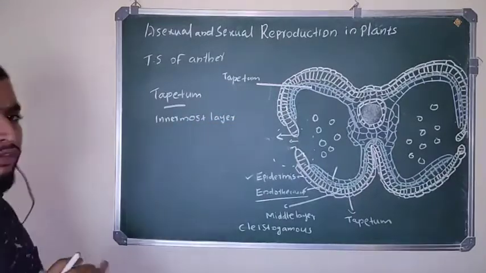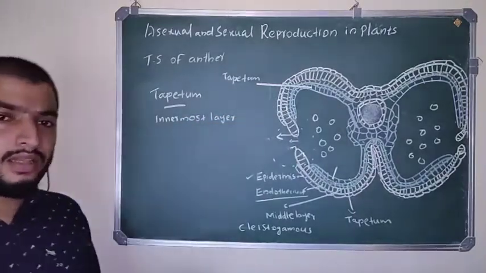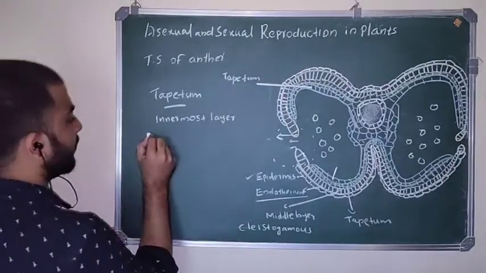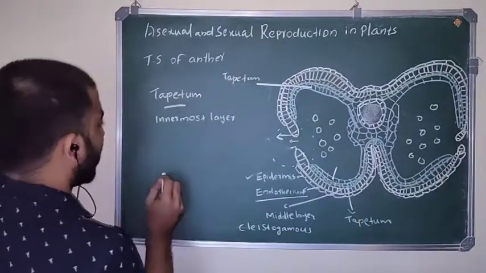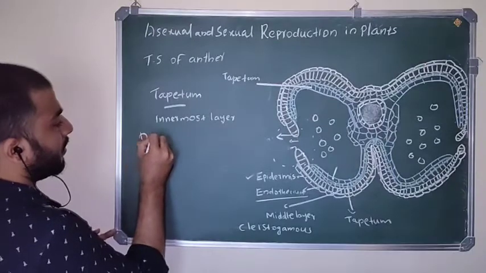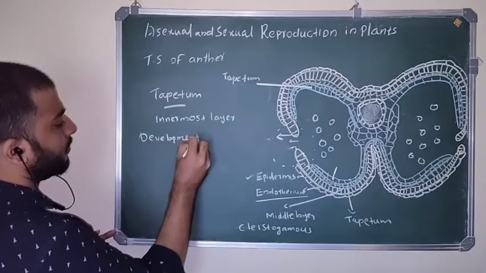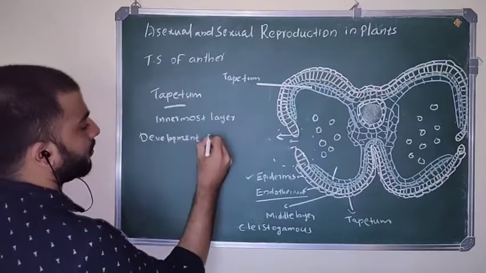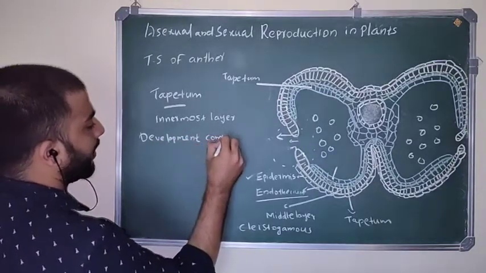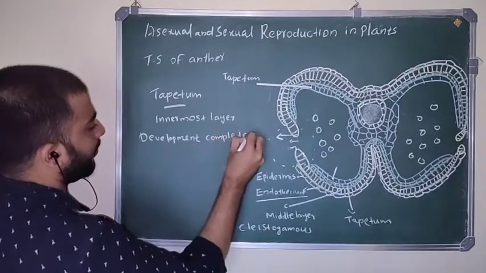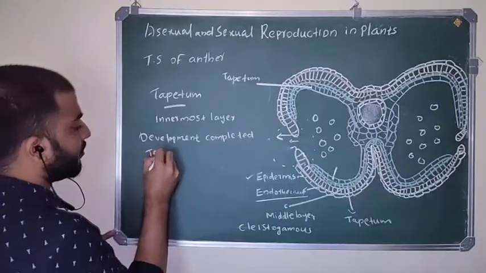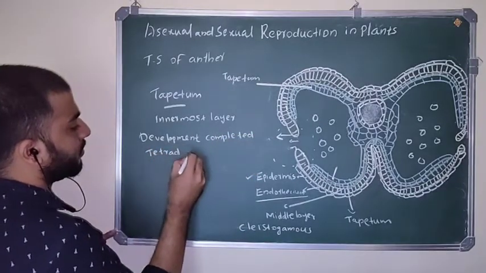And the development of the tapetum is completed at the tetrad stage of microsporogenesis. Tapetum development is completed at what time? Tetrad stage of microsporogenesis.